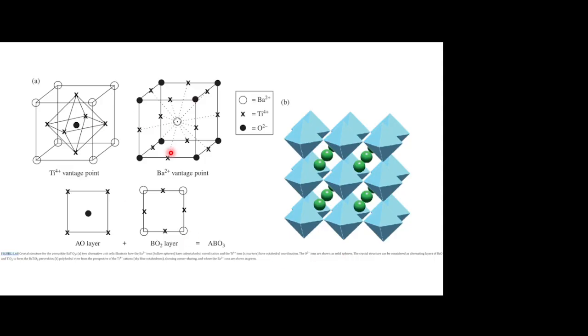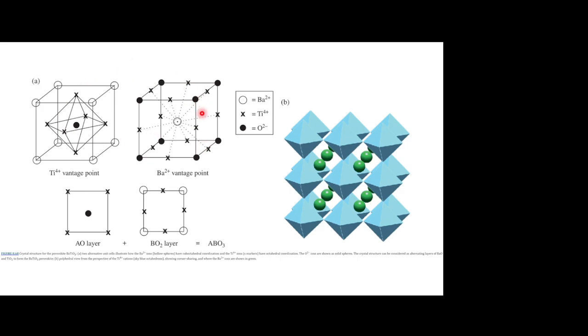Okay, so this right here would be from the Ti4+ vantage point. This is the Ba2+ vantage point. And again, the circles here are the Ba2+s on each of these. The Ti4+ is these little crosses, and then the oxygen 2- is the dark filled in spaces.